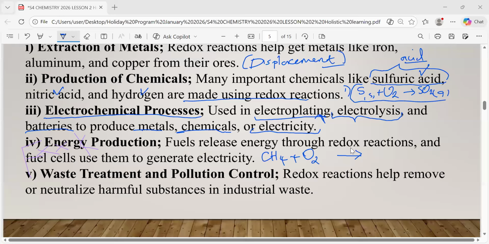I wanted to try to explain something about energy production.